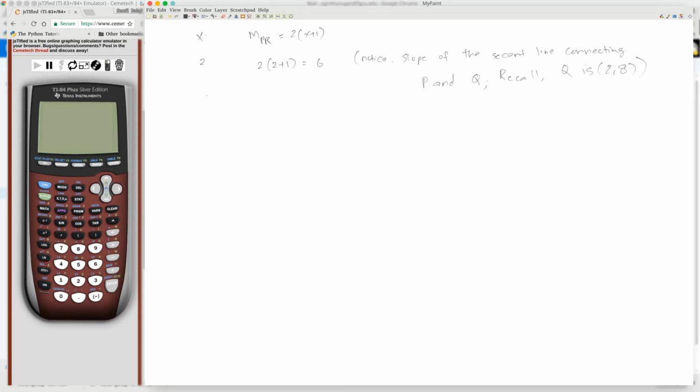Since R is arbitrary, I could pick any value. Now I want to bring this really, really close to 1. So I have picked x to be 2, and I'm going to move it really close to 1. Let's plug in 1.5. So 1.5 would give us 2 times 1.5 plus 1, which is 5. Let's plug in 1.1. I'll get 2 times 2.1, which is 4.2.